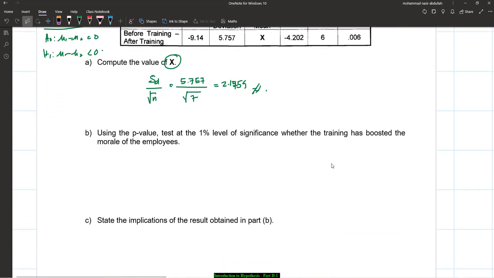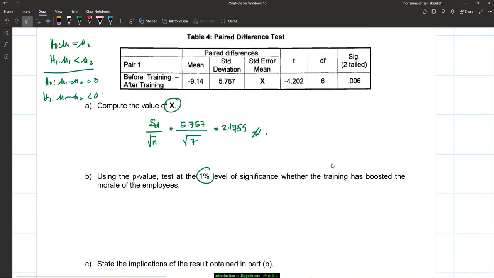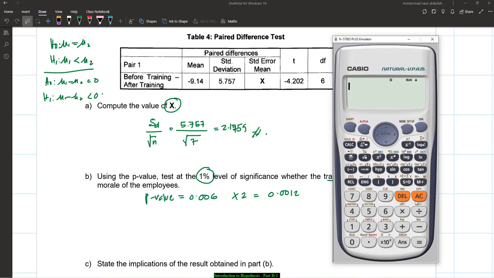Now, using the p-value test at 1% significance level, has the training boosted the morale of the company employees? The p-value is equal to 0.006. Since this is a one-tailed test, we need to multiply by 2. Let's compute it properly.